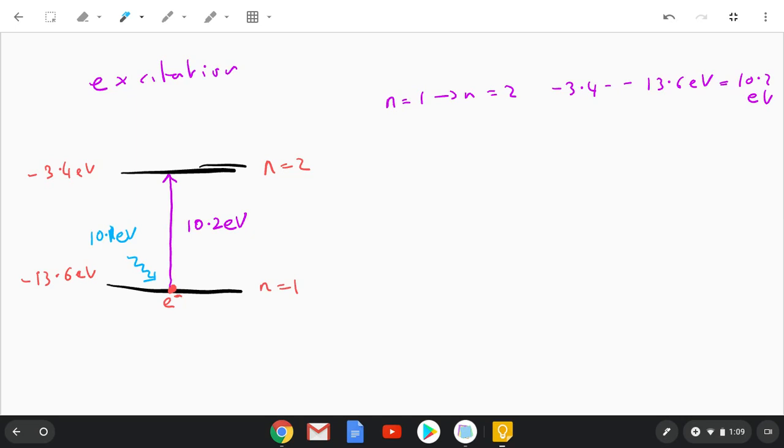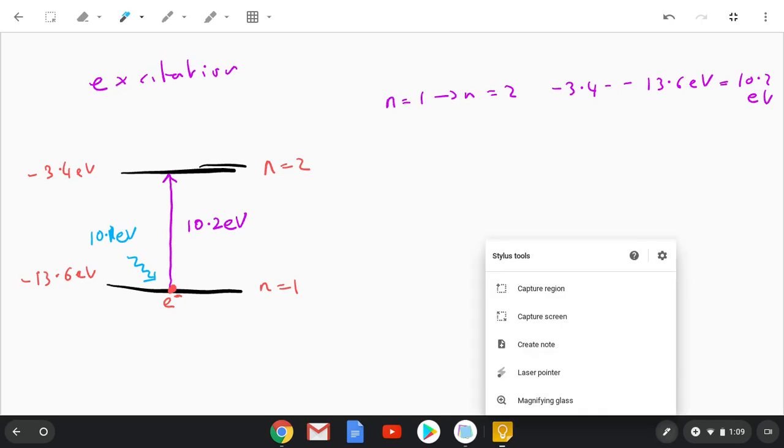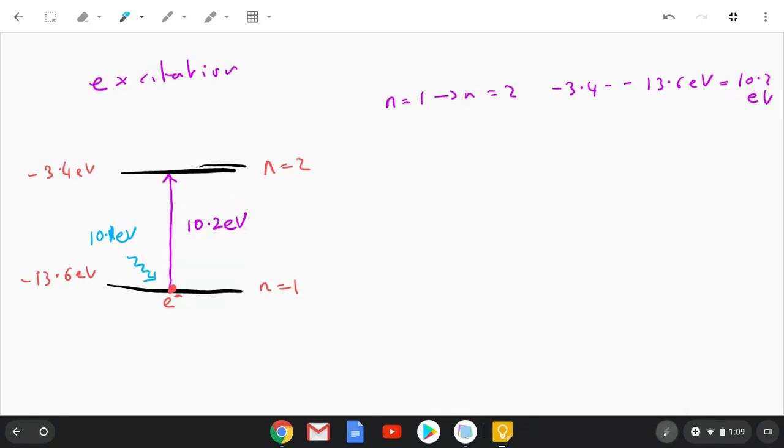Now that is less than the 10.2 electron volts, and what will happen here is the photon will hit the electron and bounce off with 10.1 electron volts of energy. Now, that is an elastic collision.